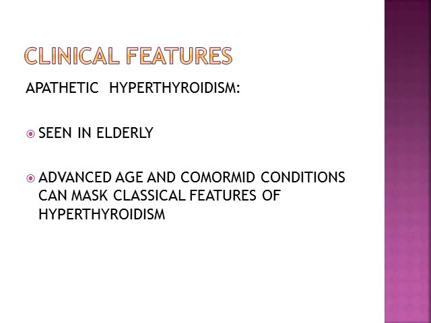This is called apathetic hyperthyroidism, seen in the elderly, where comorbid conditions can mask the classical features. Remember, in an elderly patient with unexplained weight loss, you have to rule out hyperthyroidism by checking T3, T4 and TSH levels. So that finishes.